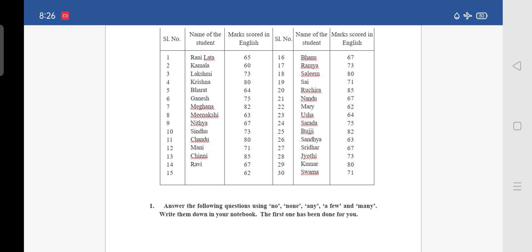So see here, answer the following questions using no, none, any, a few and many. Write them down in your notebook. The first one has been done for you. So you have to write this in your notebook.